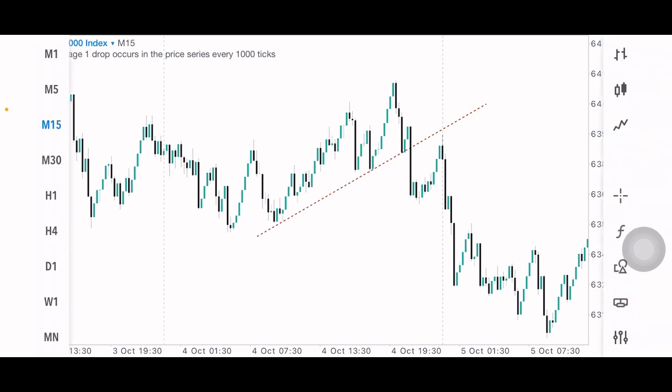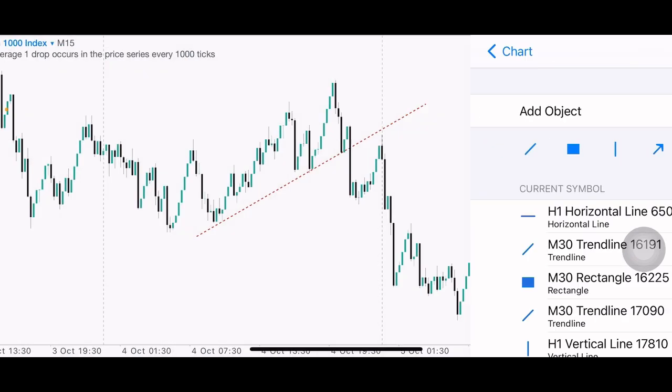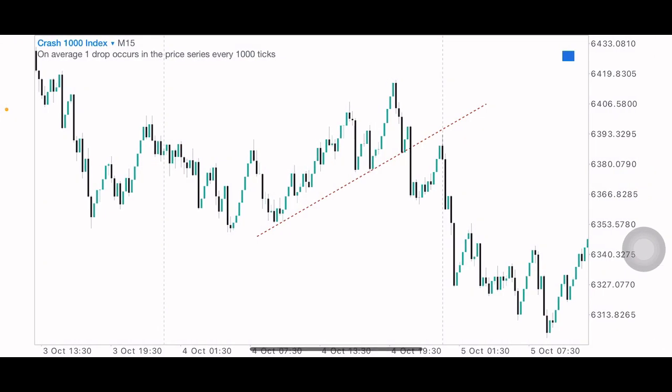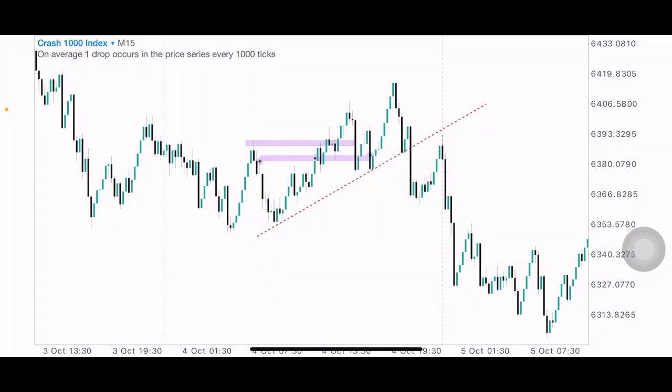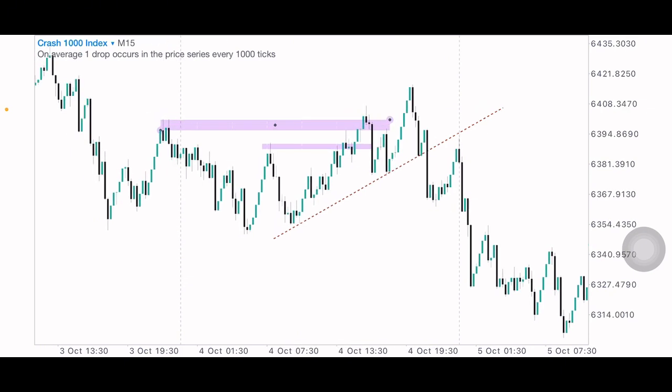Now you want to see also, like I said earlier, look at this high here. You see, price is going to take it out. We have another high also. Look at it here. We have another high. Price didn't respect this one. It took it out as well. It started dropping.